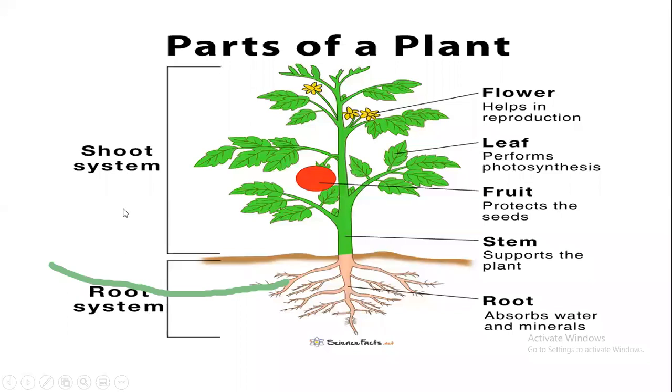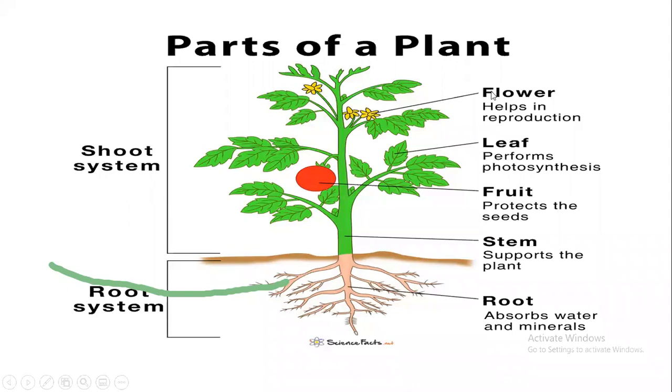They have divided this plant into shoot system and root system. So here are the roots and there is the shoot. Above the surface of the soil, there is the shoot system of the plant.